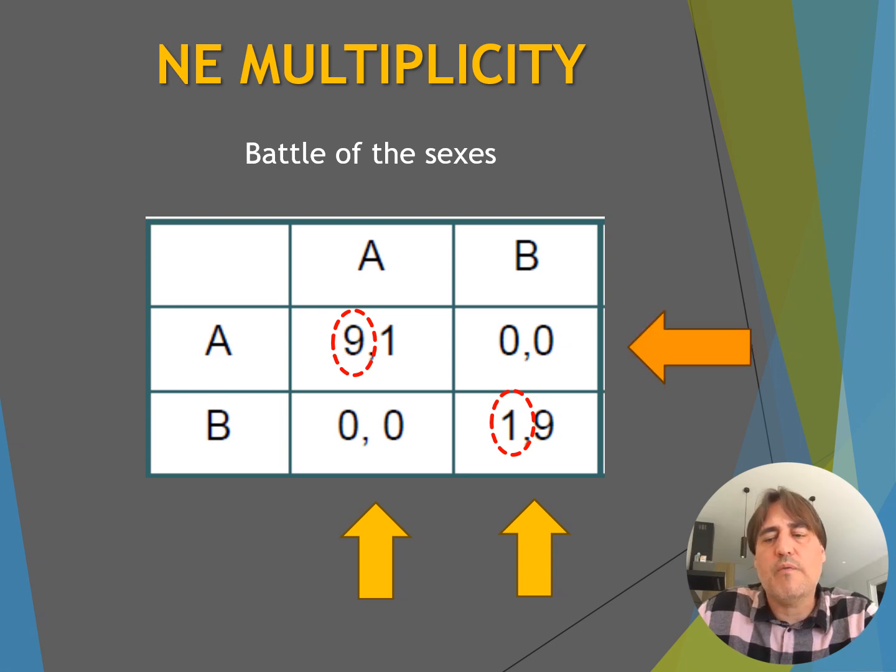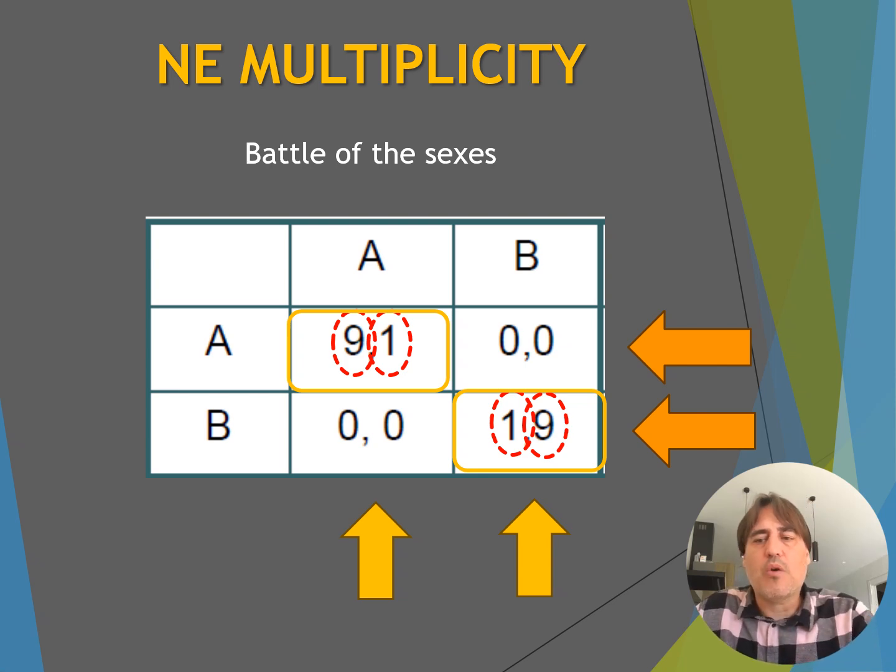Looking by rows, if player 1 plays A, the best response for player 2 is also A, since 1 is greater than 0. And finally, if player 1 plays B, the best response for player 2 is also B, since 9 is greater than 0. We can see, therefore, that both A and B are equilibria or solutions of this game.